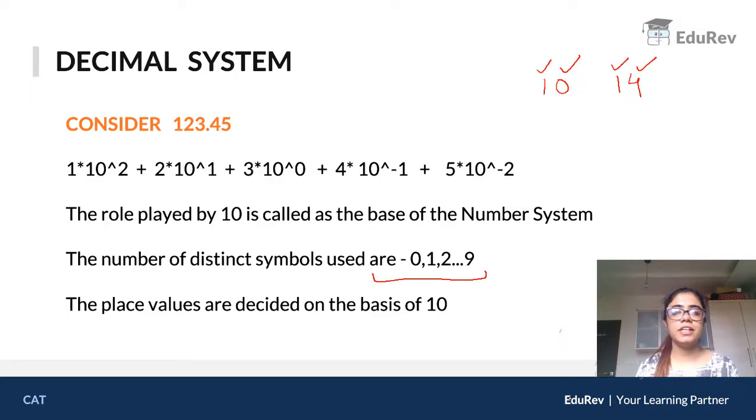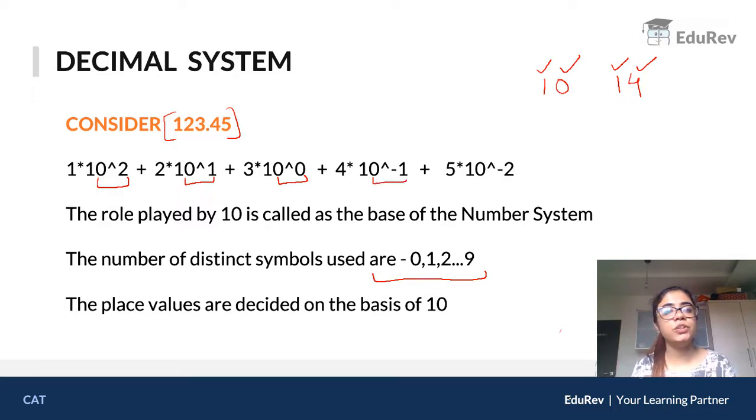Now let's consider an example, 123.45. Can I break this number as 1 into 10 square, that is 1 into 100, then 2 into 10 raised to 1, because 1 is at the hundreds place, 2 is at the tens place. Now 3 into 10 raised to 0 because 3 is at the units place.